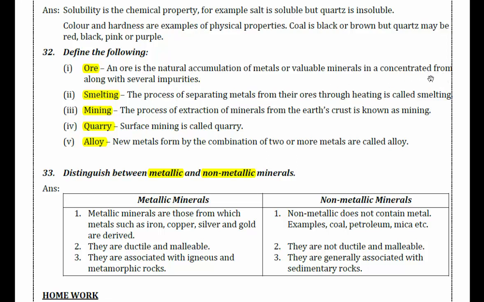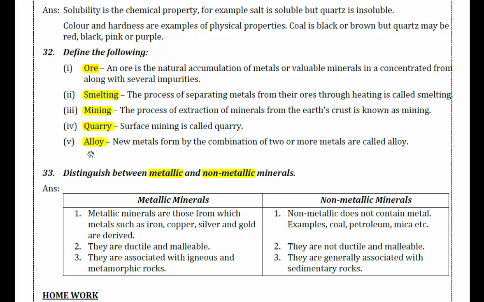Smelting, the process of separating metals from their ores through heating, is what we call smelting. Mining, the process of extraction of minerals from the earth's crust. Quarry, surface mining. Mining occurs inside the earth, whereas quarry is on the surface of the earth. Surface mining, so to say.